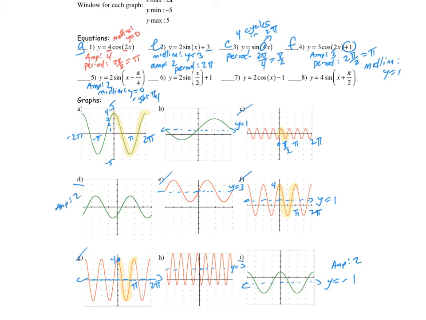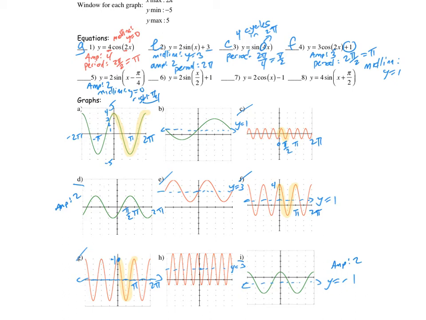Okay, so we want a sine function. So it should be going through the midline. But this is shifted right pi over 4. So it should go through the midline at pi over 4. So we're looking at I and D. I'm going to look at D first. So I'm going to put in my scale, 2 pi, pi over 2.